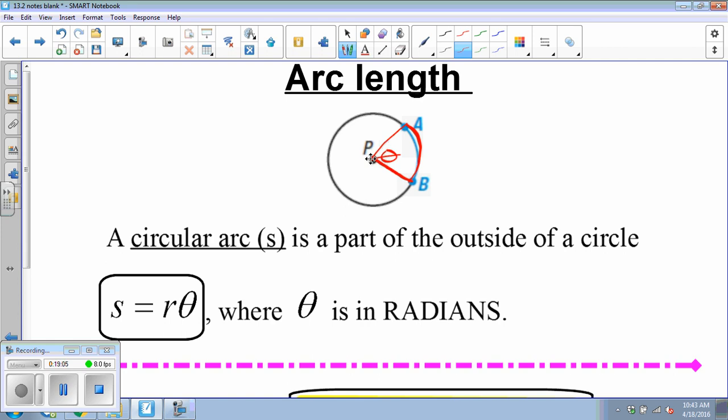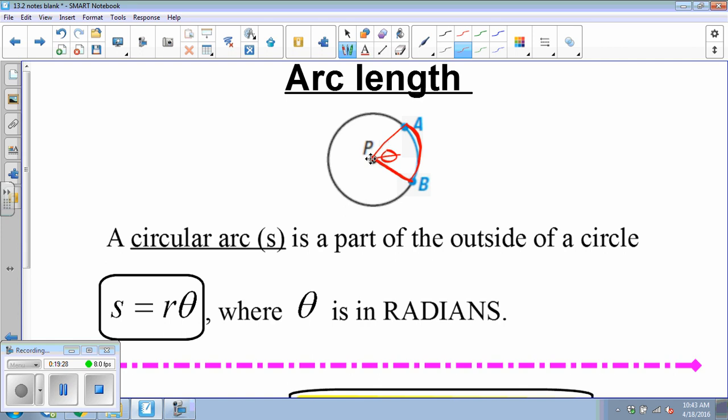There's another formula where it includes that angle in degrees, but it's kind of long and complicated. So I don't see the point in having you memorize 2 different formulas for arc length. Just memorize this one. It's the short one. If they give you that angle in degrees, you have to change it to radians before you can plug it in. So S equals R times theta.